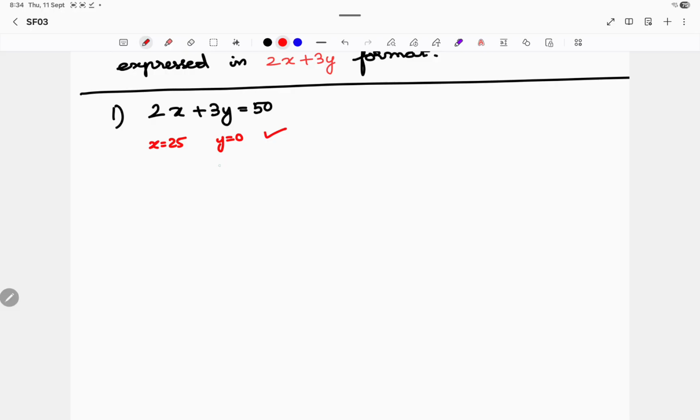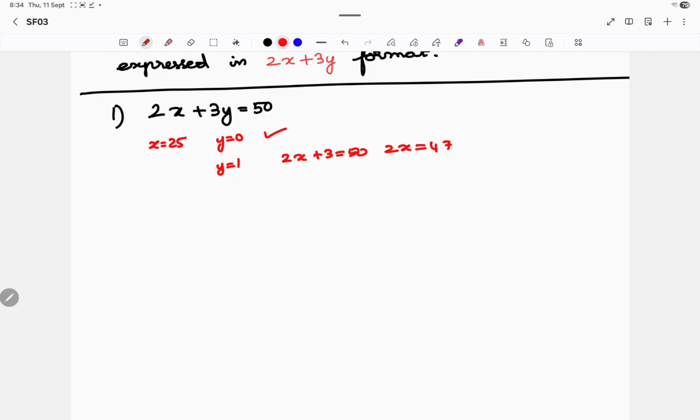Now, if I substitute y equals 1, will I get a solution? I will not get a solution. Let's check how. If I substitute y equals 1, I get 2x plus 3 equals 50, or 2x equals 47.